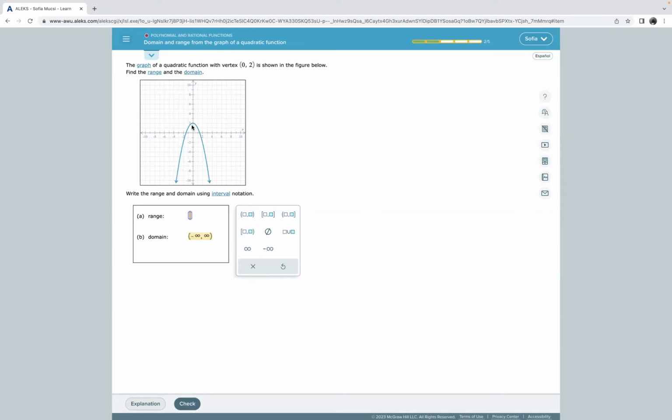Like it goes down forever. So wait, okay, I'm a little confused. It's always bottom to top. What's the bottom-most y value here? Negative infinity. Goes down forever. So it's a parenthesis first. Yes. And then what's the biggest y value that I can take on? 2. Yes.